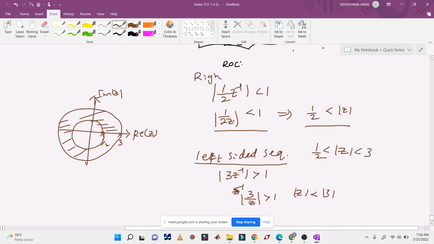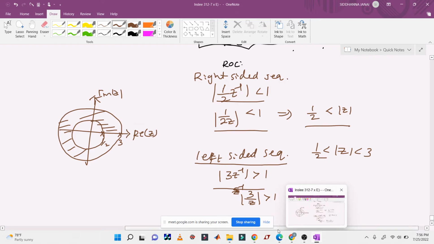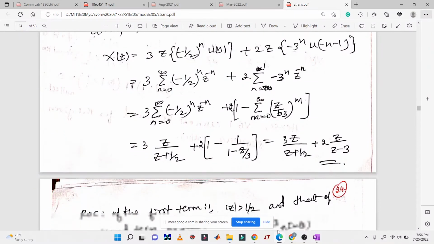We know that, right? Right-sided sequence, this is the condition. Left-sided, this is the condition. So we will get the ROC as this one.